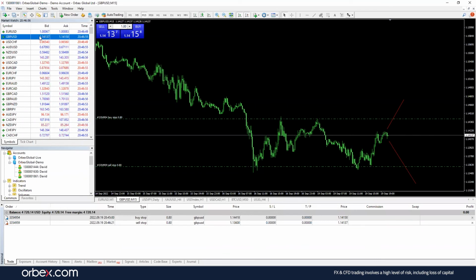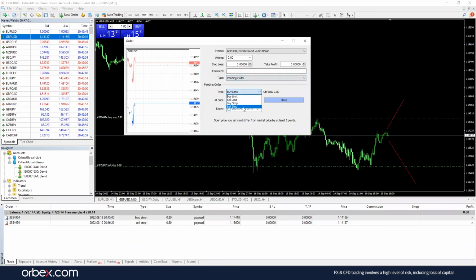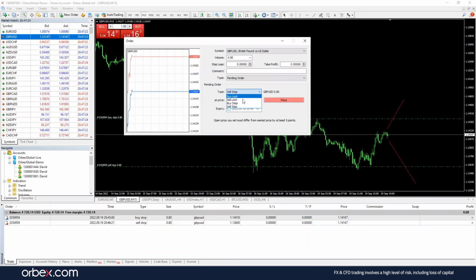Now, if I try to do the opposite way, put in a pending order and put the sell stop above or at the same price, because it's above the market price, it's going to give me invalid because I'm placing it above and it's incorrect. You can't place a sell stop above the bid line. And conversely, if you're trying to do a buy stop, it has to be above.